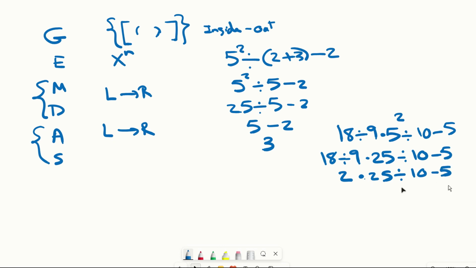Again, going from left to right, we encounter a multiplication. So we go ahead and perform it. Now we notice that going left to right, we have a division to take care of. 50 divided by 10 is 5, minus 5.